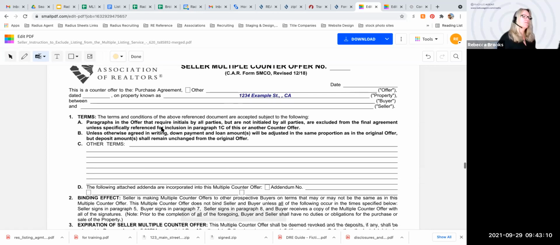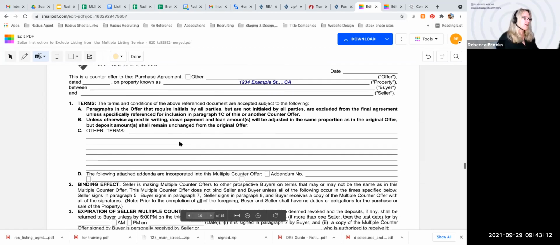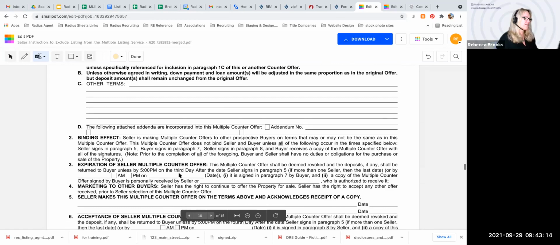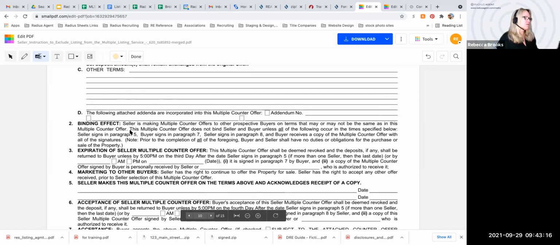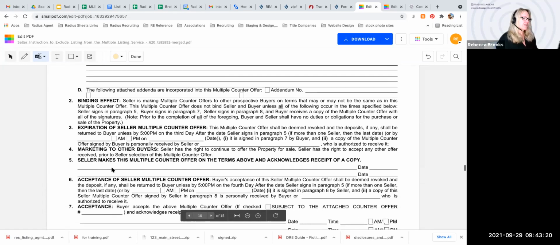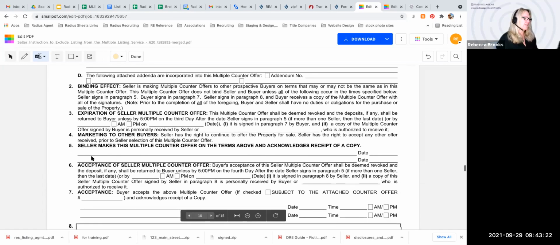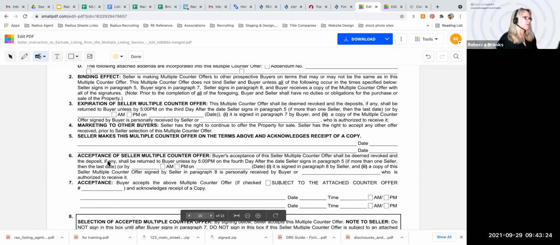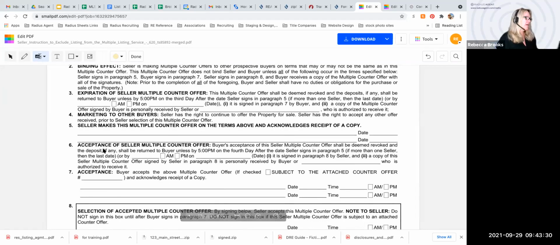Okay, it goes from the seller to the buyer, right? And this is where they would put in the terms, they would put in the expiration, any other thing that they want to write, and then they would give you a time frame to get back to them.